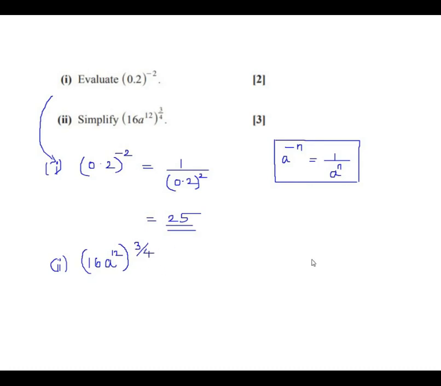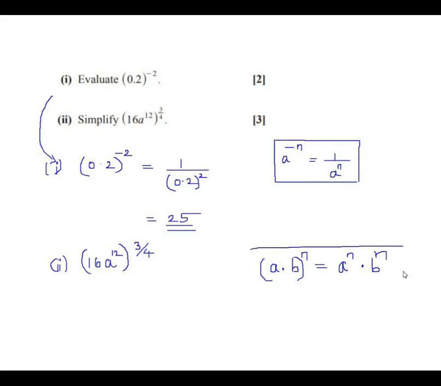Now here we have used the rule of indices that if we are writing something as a times b raised to the power of n, then we have to distribute this power to a as well as to b. So I am just giving you an idea of the rules we have used.